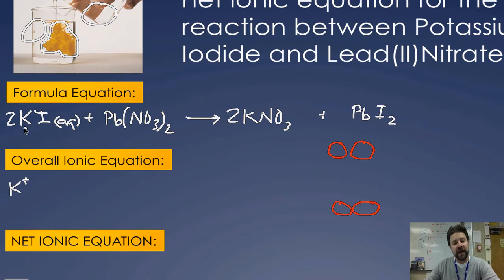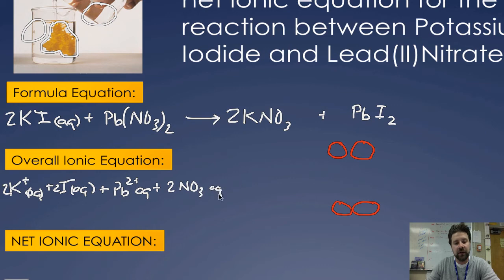I'll split K and I into their respective ions. So K+ aqueous, I- aqueous, and there's 2 of them, so I'm going to throw a 2 out in front. The lead nitrate we said was also aqueous, so we have a Pb with a 2+ charge, that's aqueous, and I have 2 nitrates, 2 NO3s, which are aqueous as well.